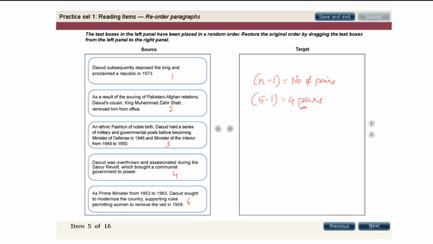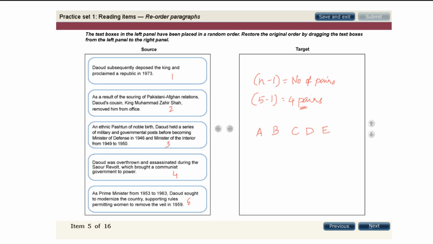So why am I focusing on pairs, guys? Because in this question type, PTE scores you based on the number of pairs that you make for a particular question. Suppose for this question, A, B, C, D, E is the right sequence that these sentences need to go in order for you to get the perfect score.